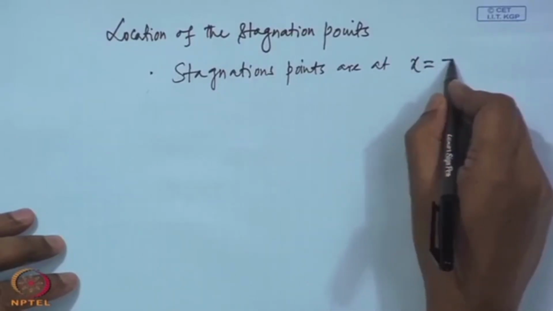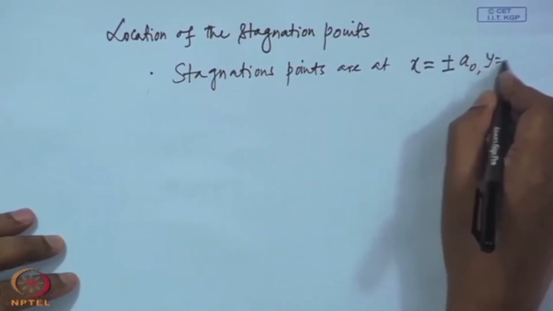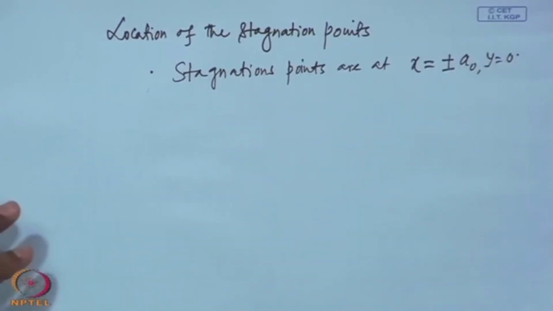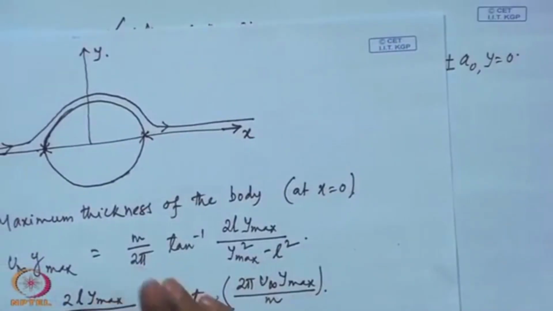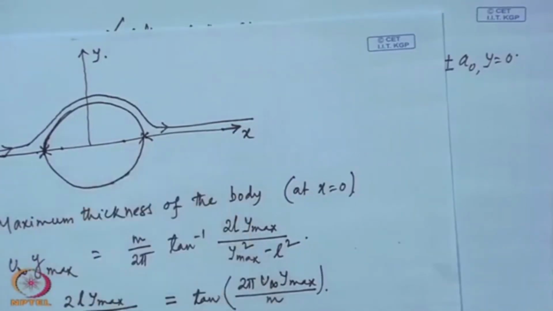x equal to say plus minus a 0 and y equal to 0. Remember, this is not the location of source. So, the stagnation point will not be at x equal to minus L and plus L. Eventually, this a 0 will be larger than the source, will be somewhere here say perhaps, and sink will be somewhere here again.